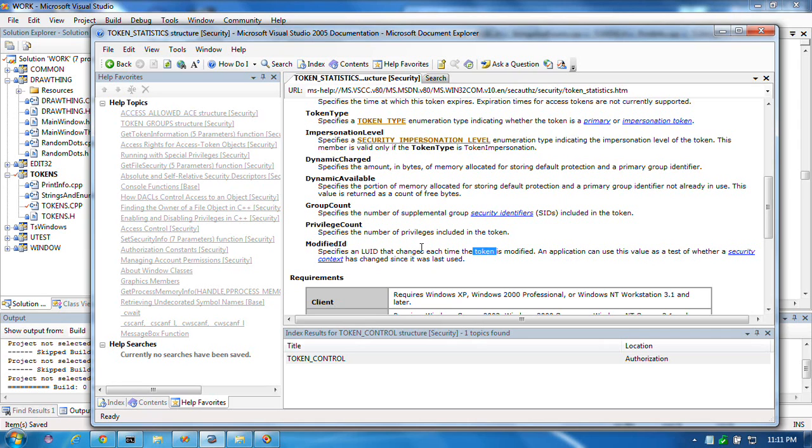Well, I think it means something like, maybe something logged on and the security context of the session changed, which it's not supposed to anyway, but maybe it did.